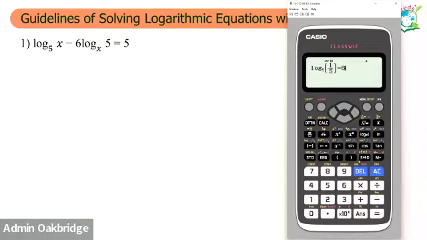Minus log base 15625 of 5. You see we get 5? Yes, it's 5. So it's correct. Same for the 5 to the power of -1. So you can do it on your own.